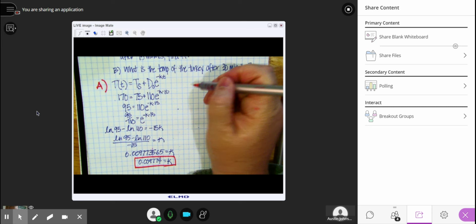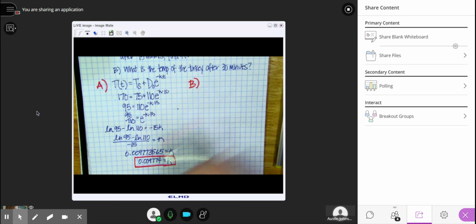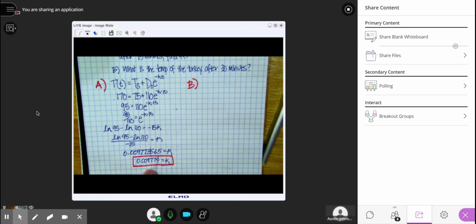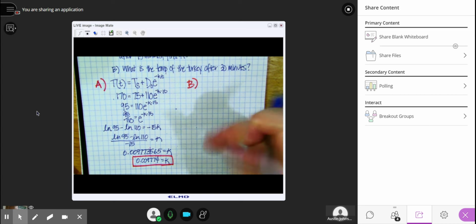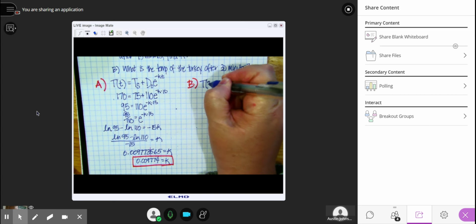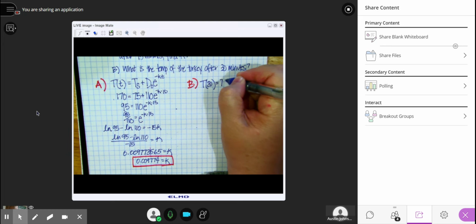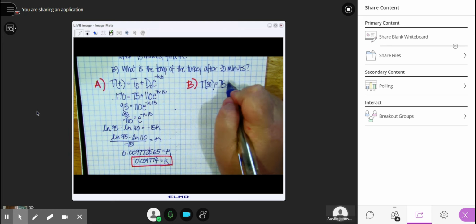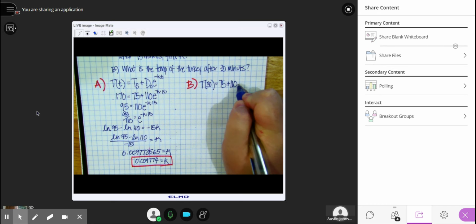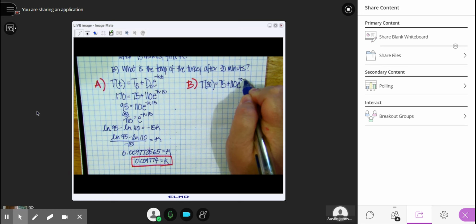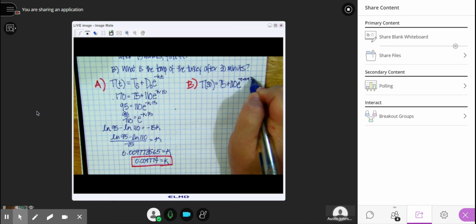Okay. Then part B says, what is the temp of this turkey after 30 minutes? So now they want you to use this k value in the next problem. So T of 30 is going to equal, same problem otherwise, 75 plus 110 e to the negative 0.009774 times 30.